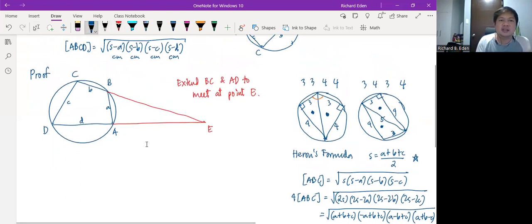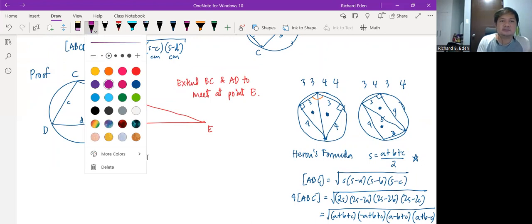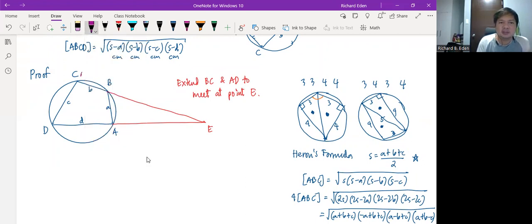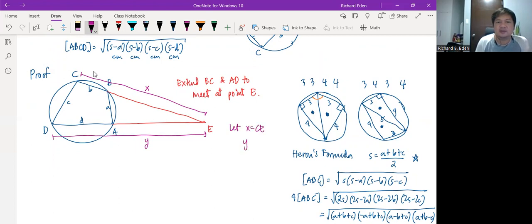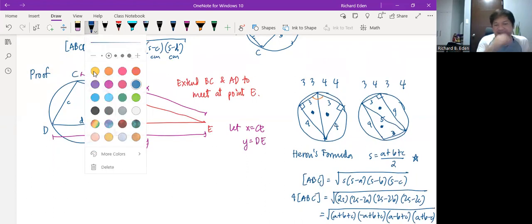let's label this x, and this, let's label this y. Okay, so let x be equal to CE. It looks like a familiar figure. I've seen someone draw it particularly recently.